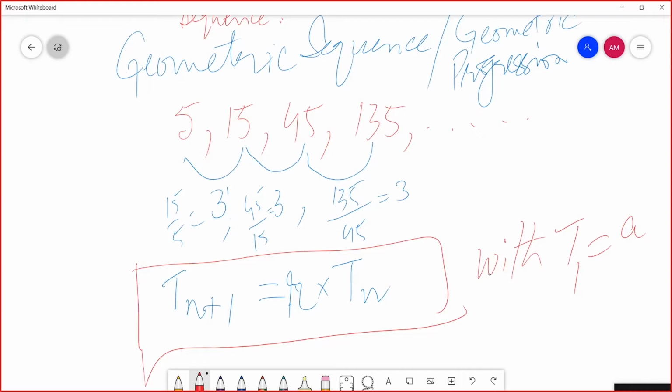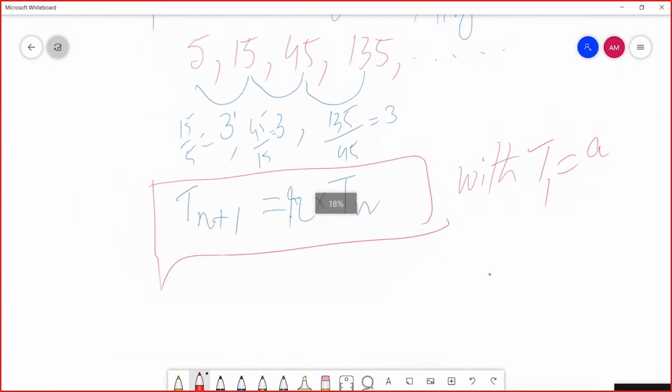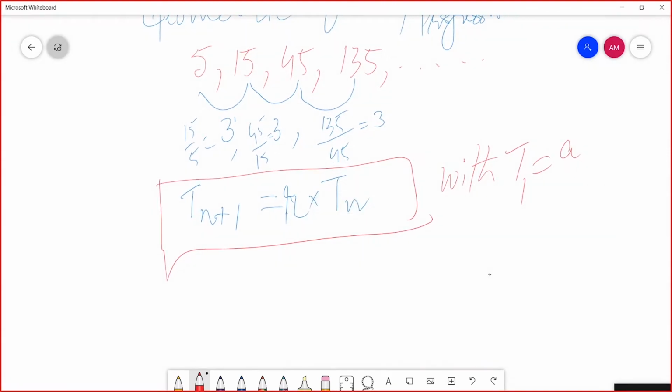And again, this A can be a division. It can be less than 1 or more than 1, right? Can you help me to write a rule for one of the examples? Let's say the sequence is 3, 6, 9.